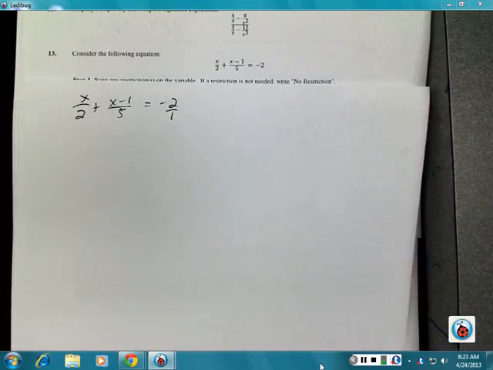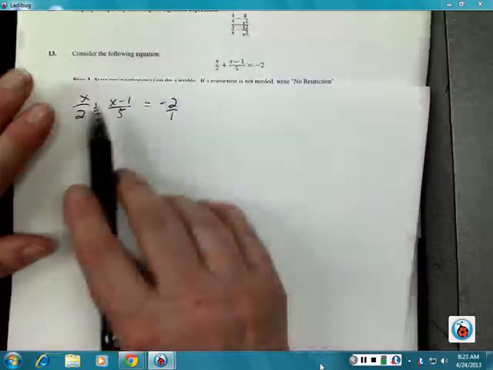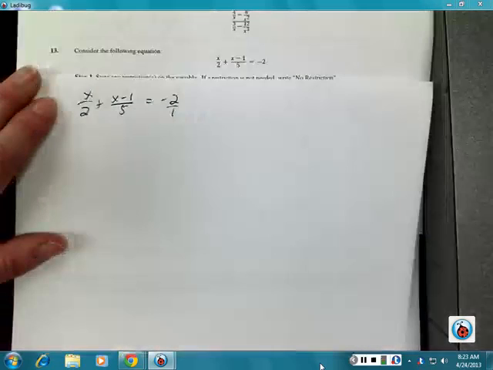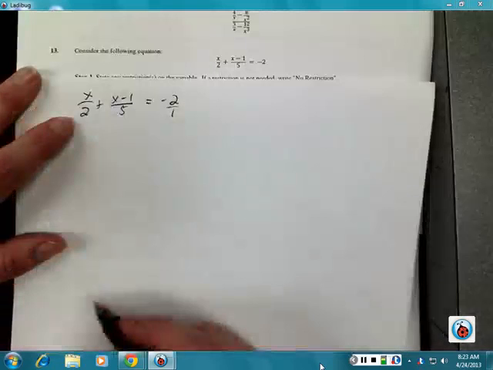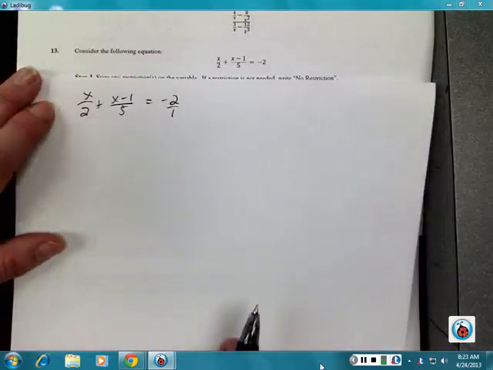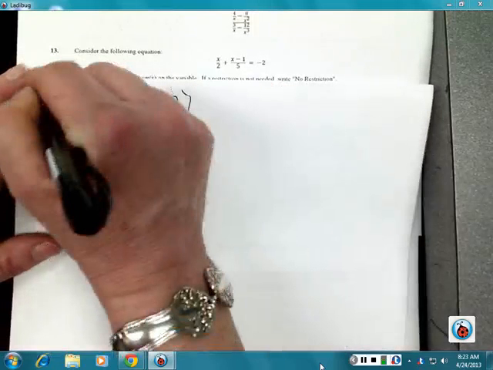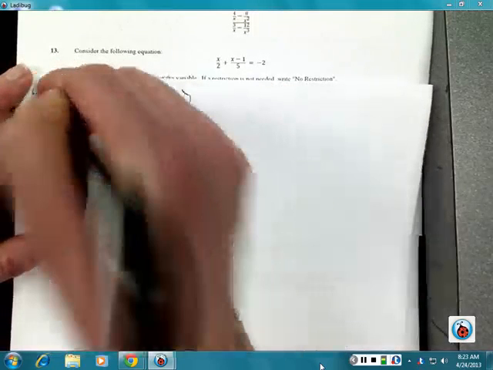Because of the equals in here, these are the rationals that we have equals, because now they're an equation instead of an expression. And if I come up with a common denominator, what's my common denominator going to be? 10. And I take this whole thing and times every piece by 10.